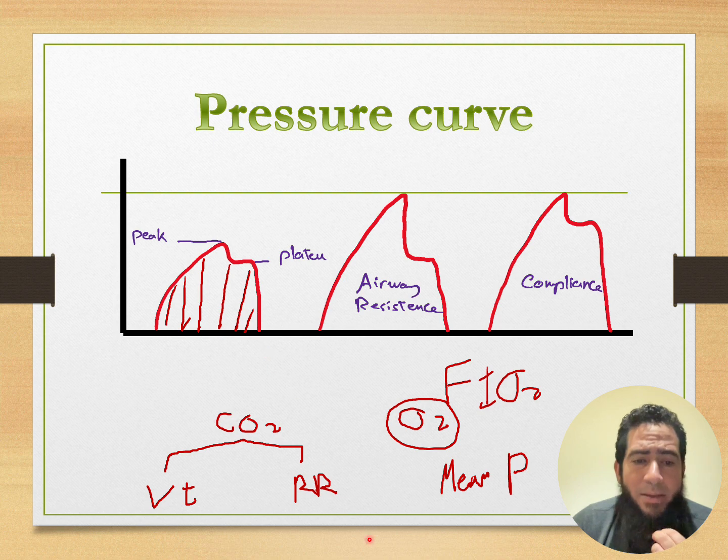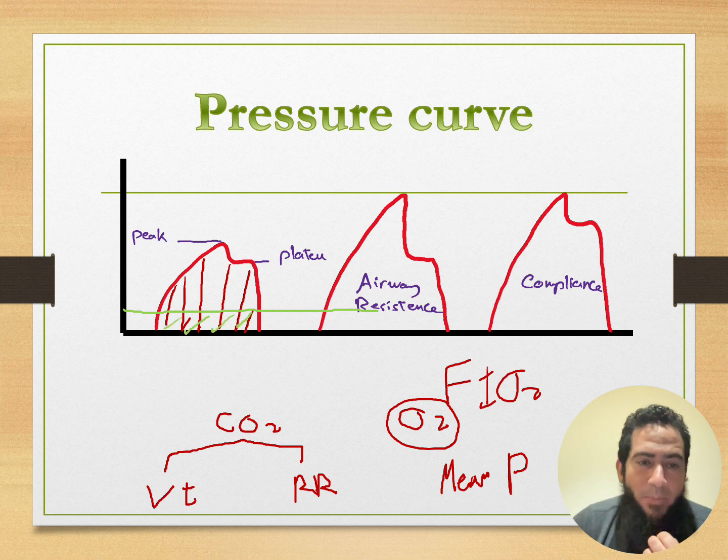The other thing that can affect the area under the curve, or the mean airway pressure, is the PEEP. Because imagine, if this is the PEEP, if you put the PEEP here, this part of the curve will be added, okay? And if you remove the PEEP, this part of the curve will be taken out.